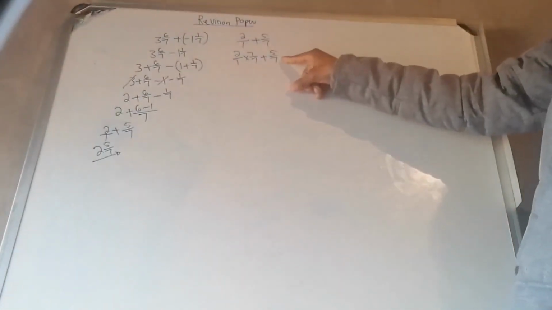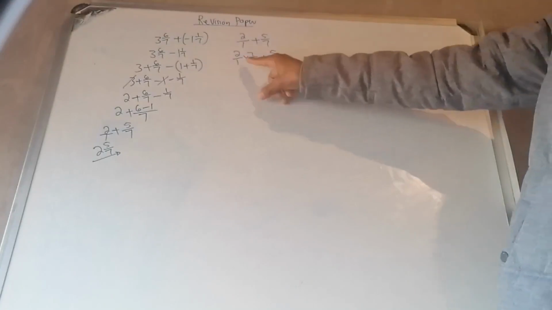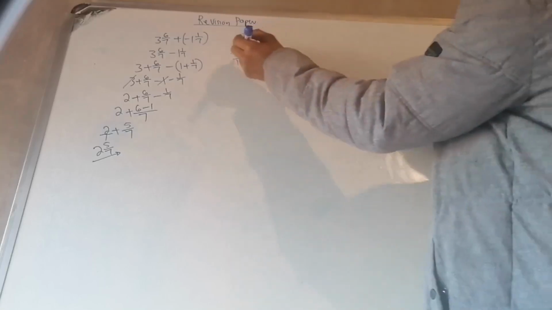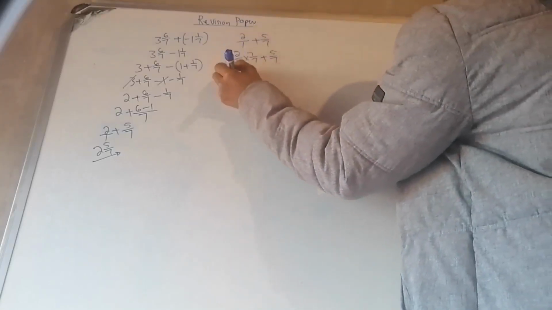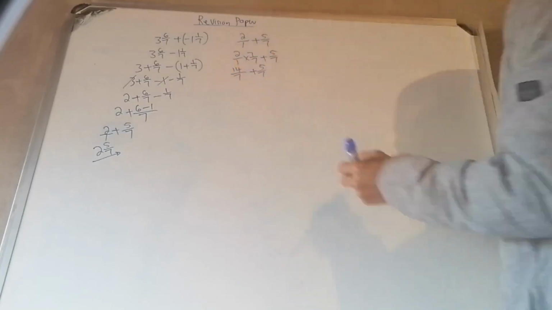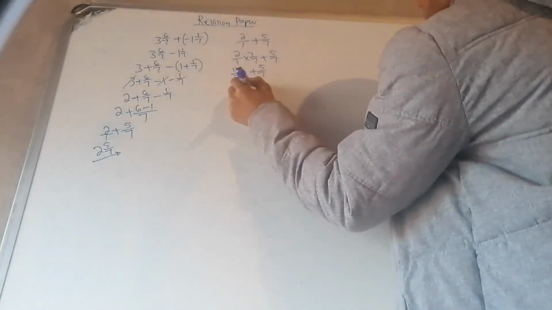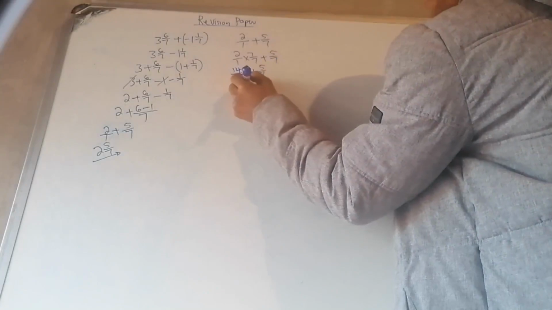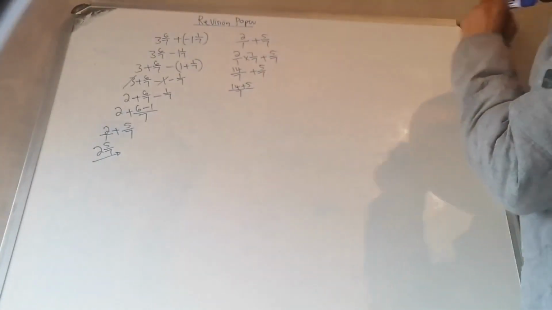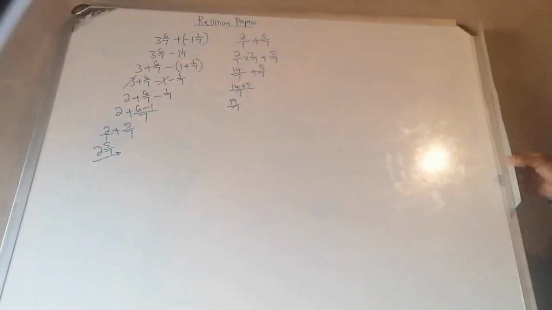I can multiply by 7 over 7 because it is the same as multiplying by 1. So 2 times 7 is 14, 1 times 7 is 7, plus 5 over 7. Now that the denominators are the same, 14 plus 5 is 19 over 7. That is the calculator answer, and then I am done.